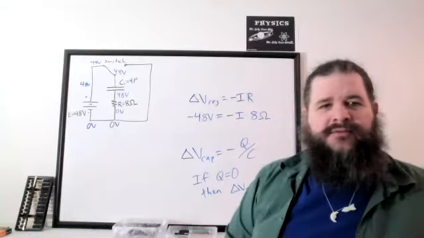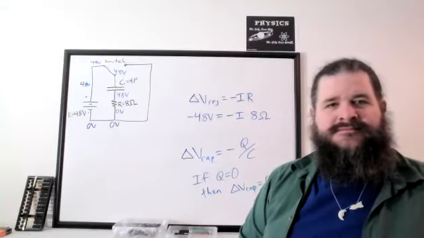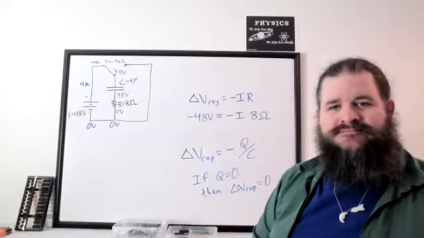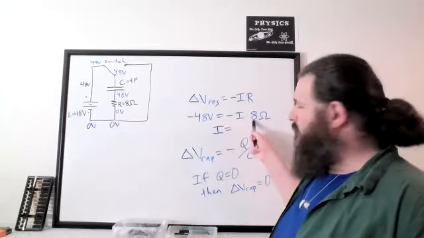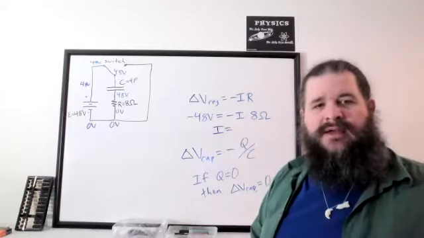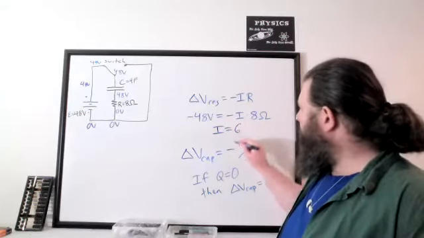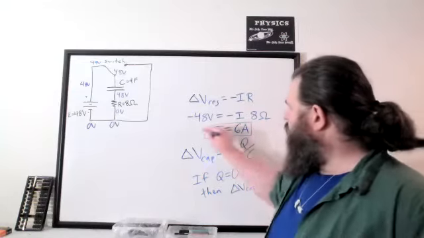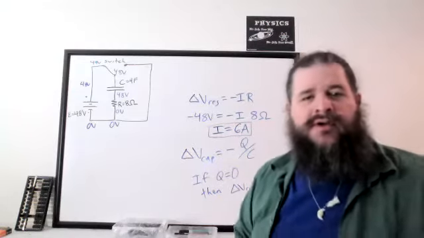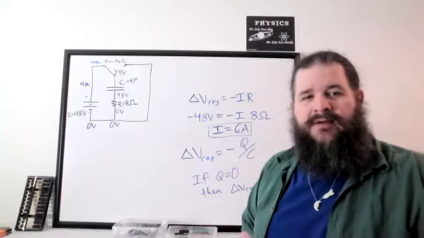So what can we now solve for? Yeah, we can solve for the current. Divide both sides by negative 8 ohms. 48 divided by 8 would be 6. So we get 6, and then volts over ohms is amps. So that means we have 6 amps of current through the resistor right now.